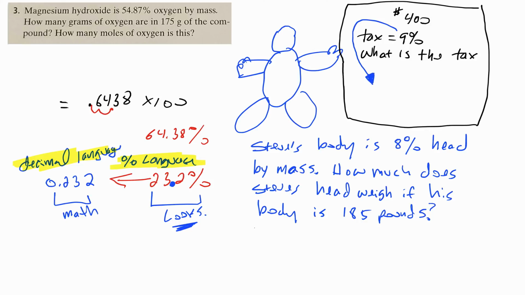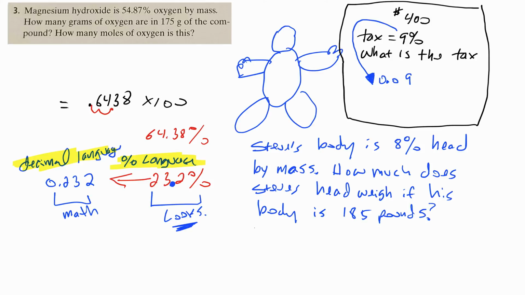So what's this tax in decimal language? But you don't say 0.9%. Once you put in a decimal, you don't say percent anymore. 0.09, yeah, that's 9% in decimal language. You don't have percent anymore.